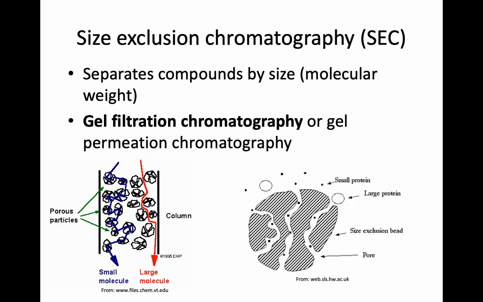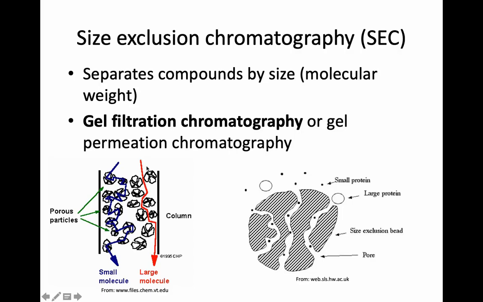If we fill a column with porous beads, we have voids between the bead particles, but also voids within the beads, inside each of the beads.